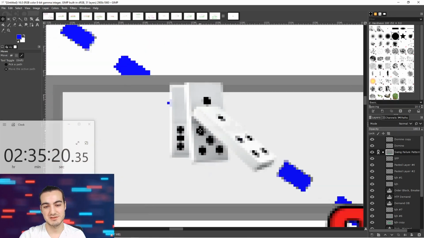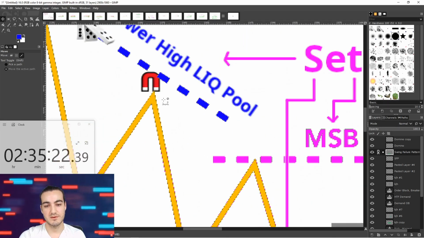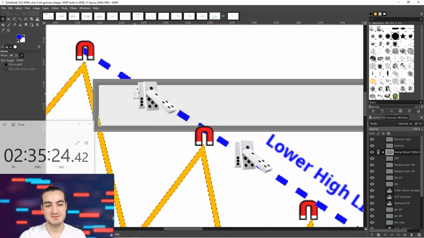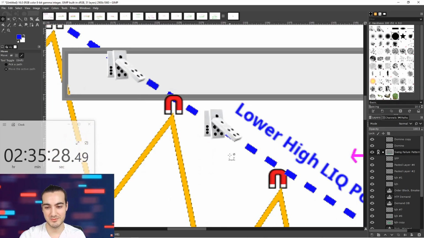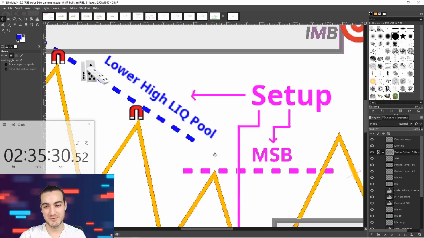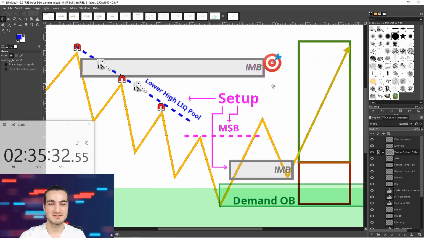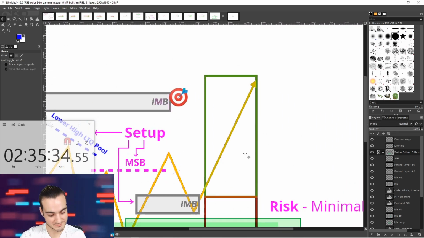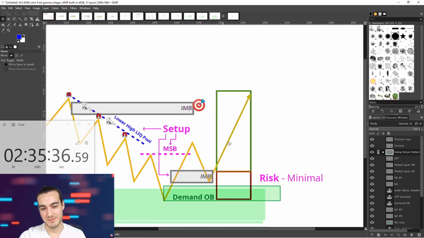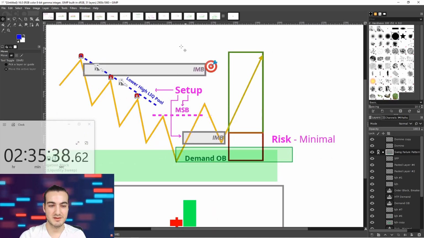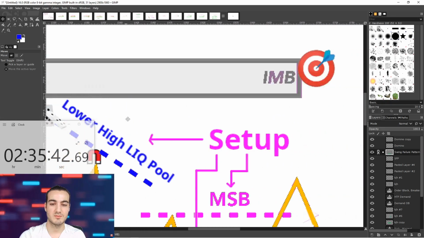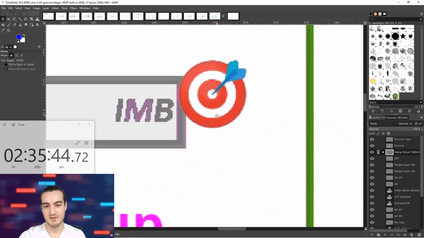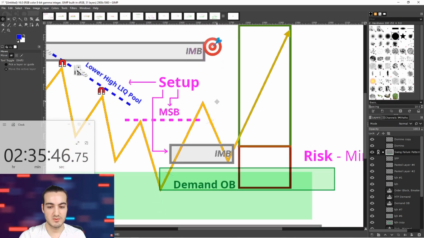There's a chain reaction: one falls, and then the next one falls, and it cascades all the way back up until we find some sort of resistance. But we don't need to worry about that, because this imbalance formed on the way down would be our price target. That's what we would be aiming for.